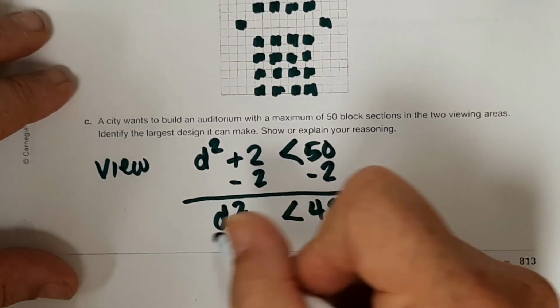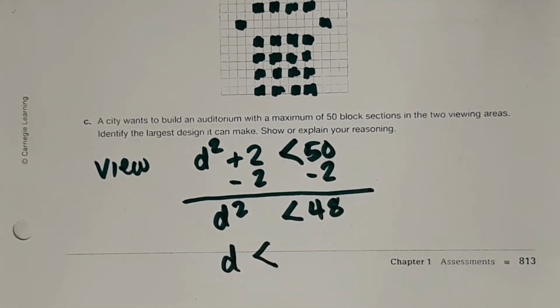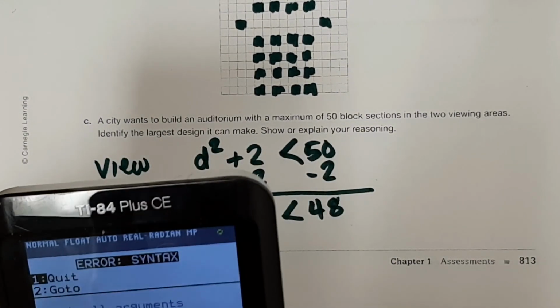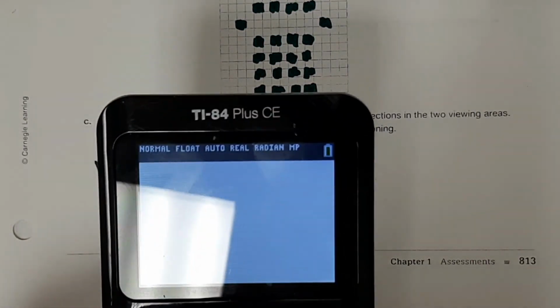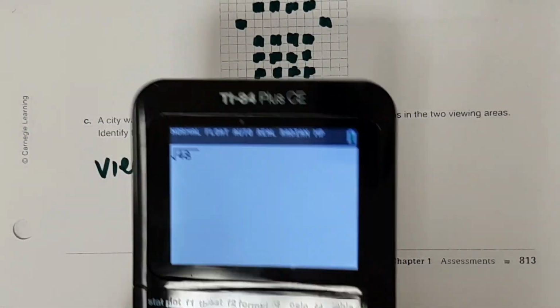Well, if I take the square root of both sides, the square root of 48, I'm going to have to plug that in the calculator because I don't have all this memorized. So let's clear this out. And I'll do a square root of 48 here, okay?